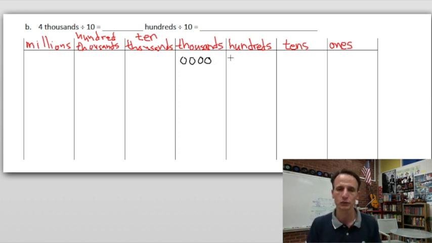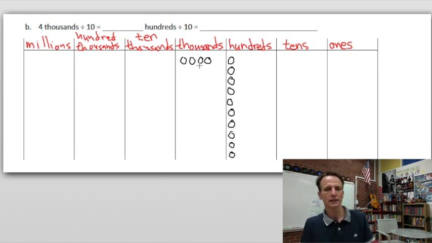Okay, so here's what that looks like. So here's 1,000, right? How many hundreds is this 1,000? It's 10 hundreds, right? 1,000 is equal to 10 hundreds. So 1, 2, 3, 4, 5, 6, 7, 8, 9, 10.